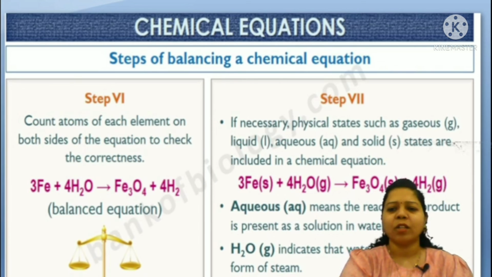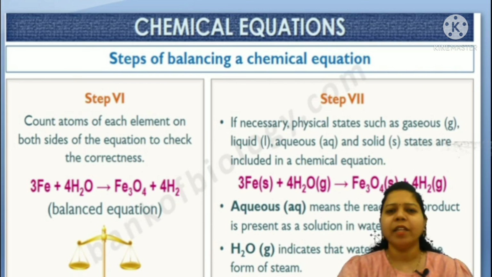Aqueous, AQ means the reactant or product is present as a solution in water. When any reactant or product is present in a solution of water, then we are using the aqueous symbol for that state. H2O, G indicates that water is used in the form of steam.